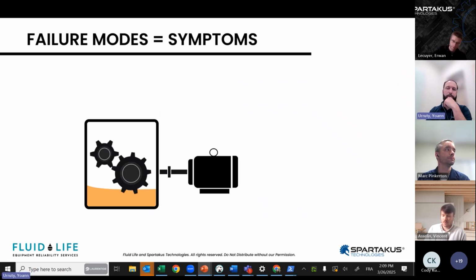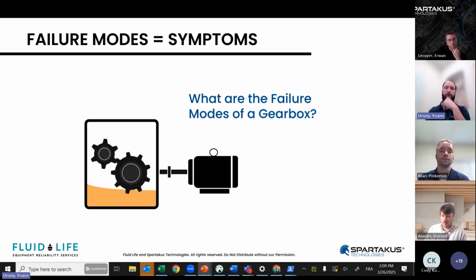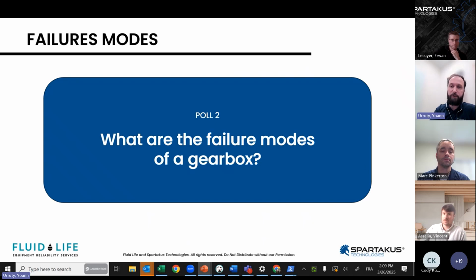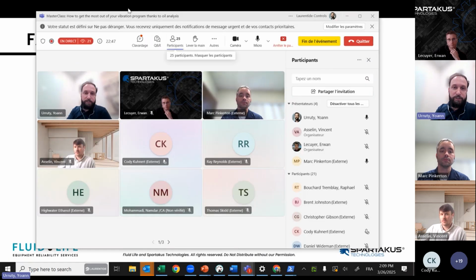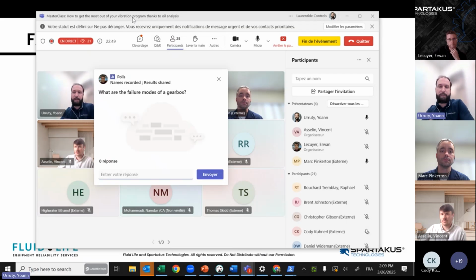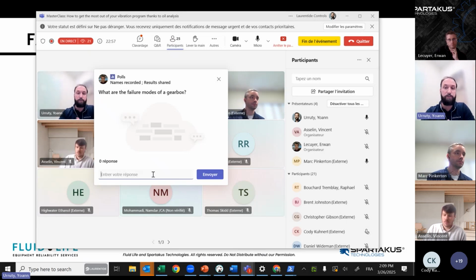So we always like to start with what are the symptoms or the failure modes of a gearbox. So again, we're going to run another very short poll with regards to that. So Erwan, if you want to bring that, thank you very much. And you're going to have a little text box to type down what are the symptoms or the failure modes of a gearbox.